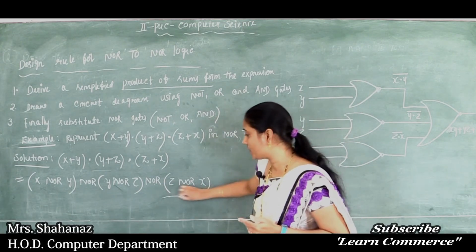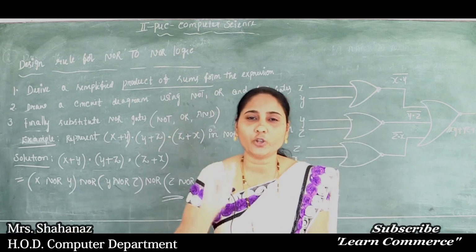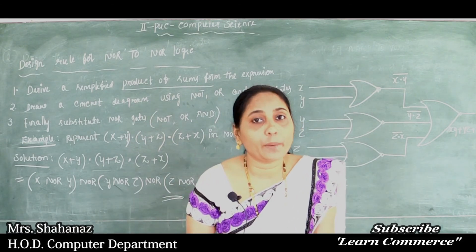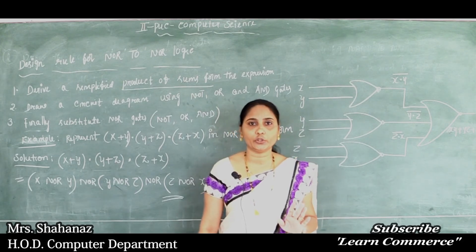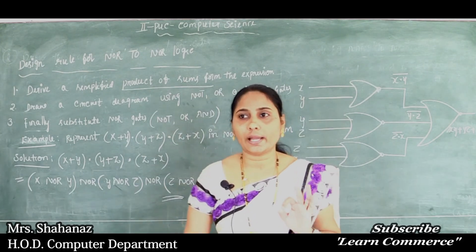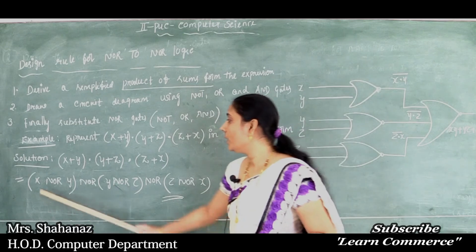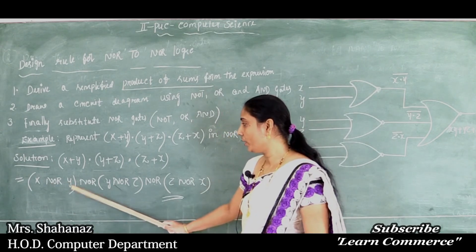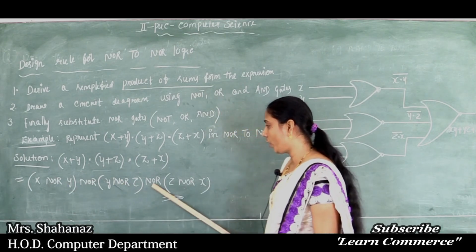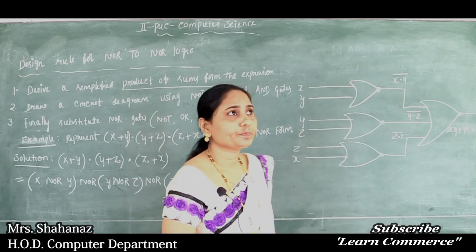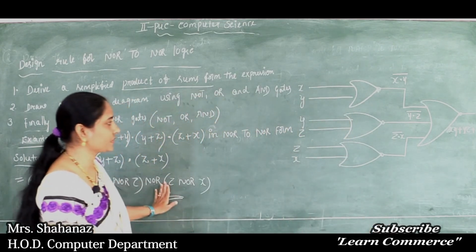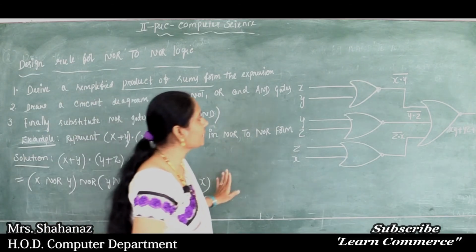Clear this concept here: wherever the dot symbol or the plus symbol is there, everything is going to change to NOR only. So like that I changed it here: x NOR y NOR y NOR z NOR z NOR x. Now let's see how to complete the circuit diagram.